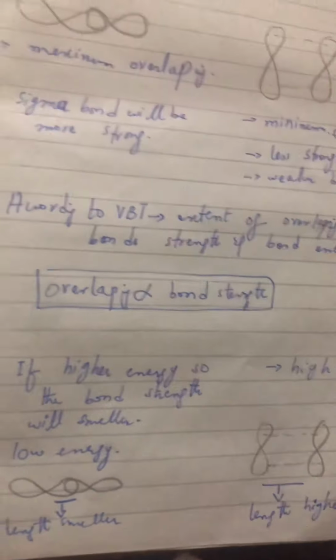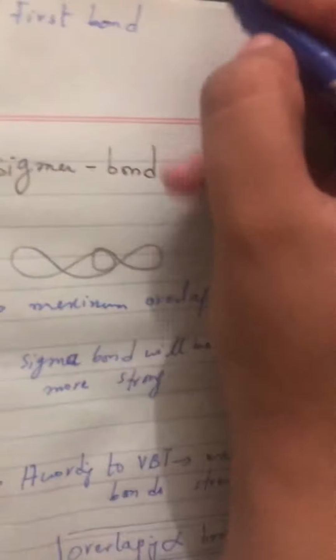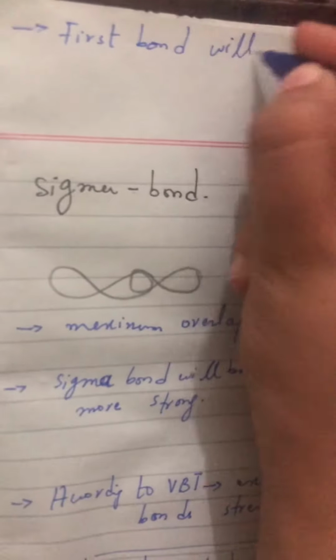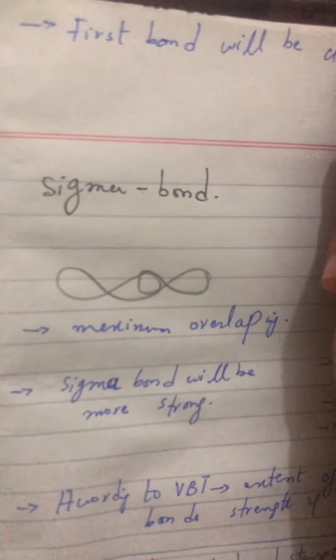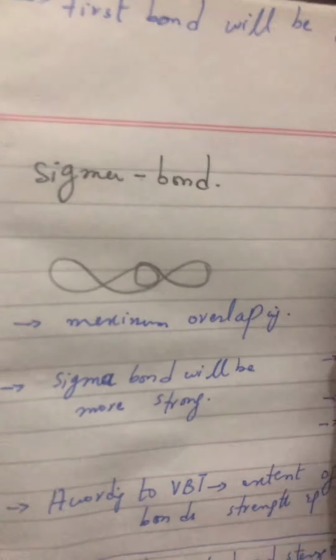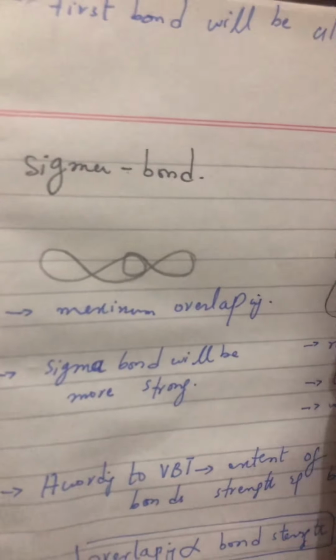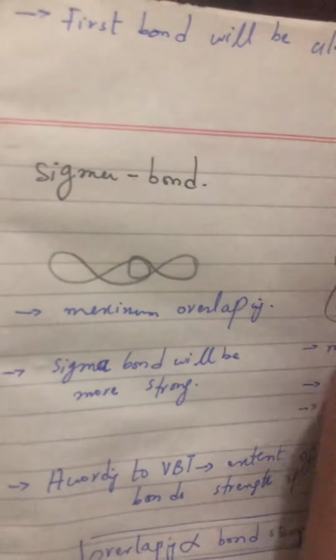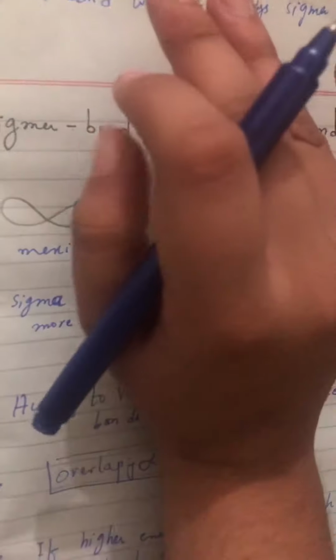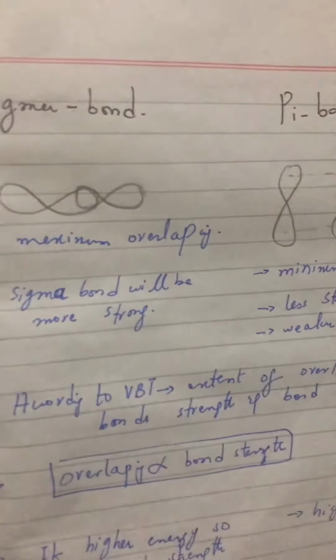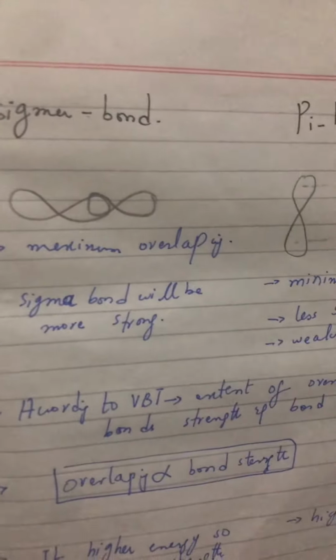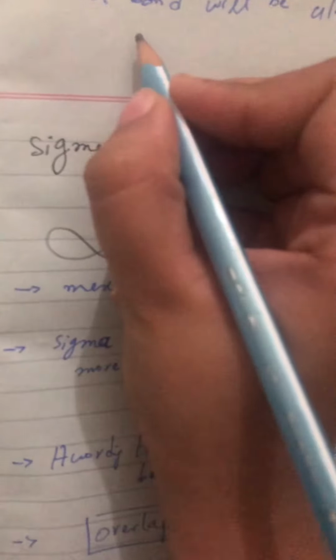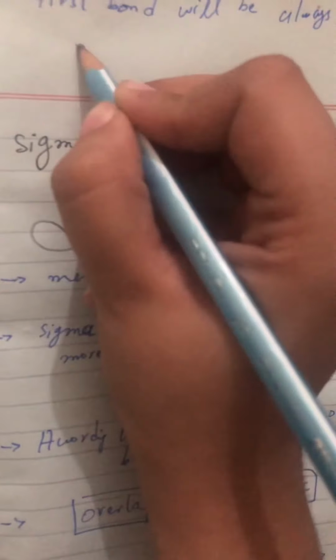But one other thing I want to say is that the first bond will always be a sigma bond, in any element. If I give an example, here you can see ethene.